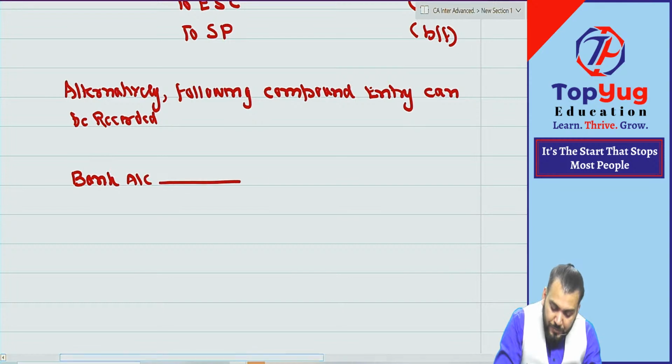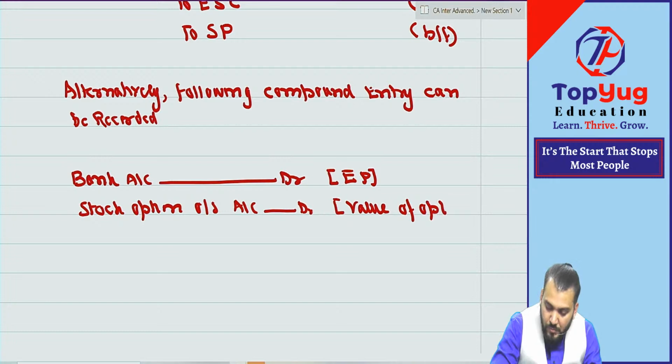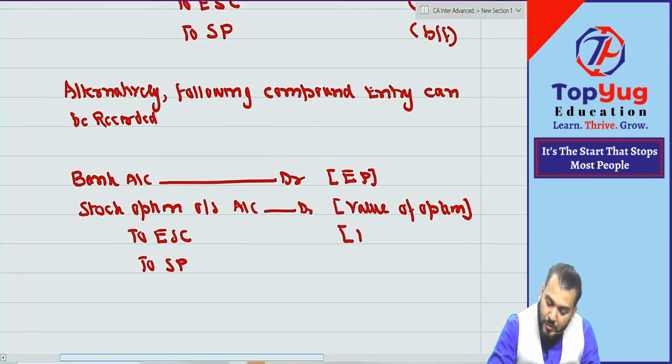Bank account debit with exercise price. Then stock option outstanding account debit with value of option, to equity share capital and to securities premium. This is nominal value and this is the balancing figure.